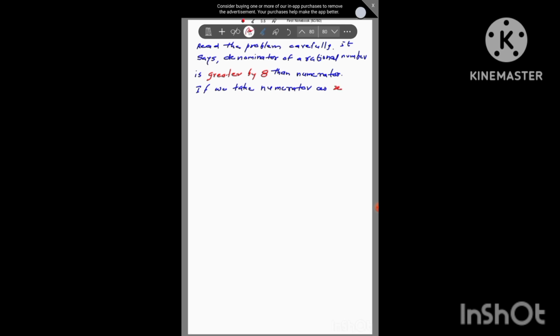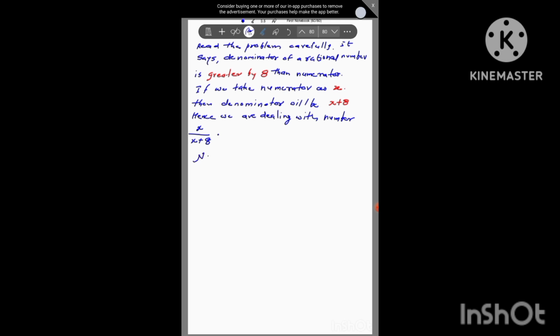Of course x plus 8. So it is very easy to understand if we think properly. So we are dealing with a number, or rather we can say a rational number, x divided by x plus 8.